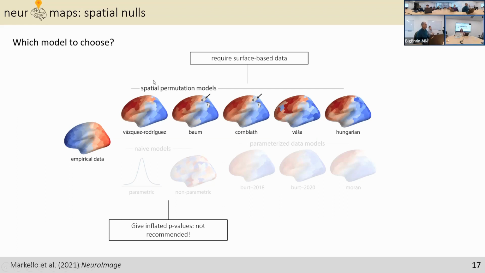They only have one variation of the spin test, for example. Here we have five, and I don't think they have all the different ones. I'm not sure if they have Báez-Rodriguez 2018 or Baum 2020. I know they probably have Moran because they developed it.